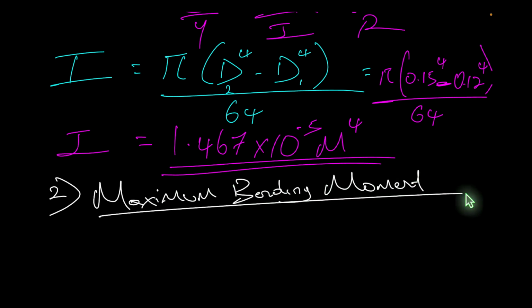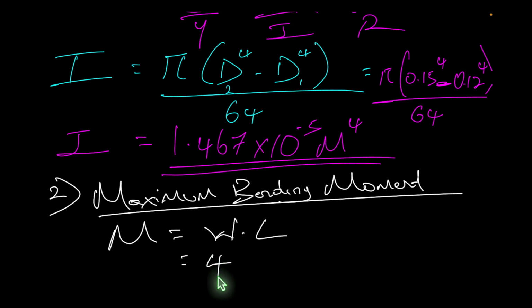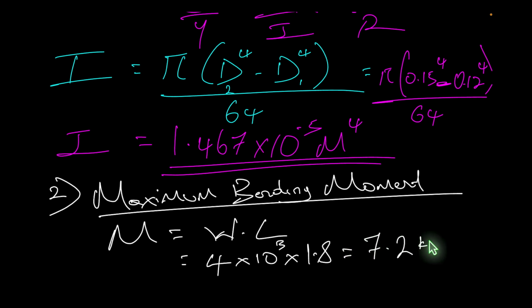So we're calculating now our maximum bending moment at the fixed end, and that is just going to be our force times the length. It was 4 kilonewtons, so 4 times 10 to the power of 3, and the length that we had was 1.8 meters, so this will be 7.2 kilonewton meters.